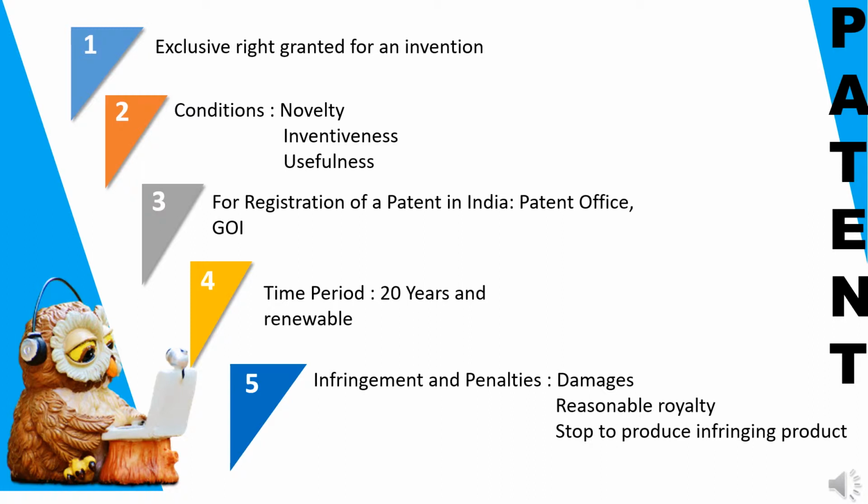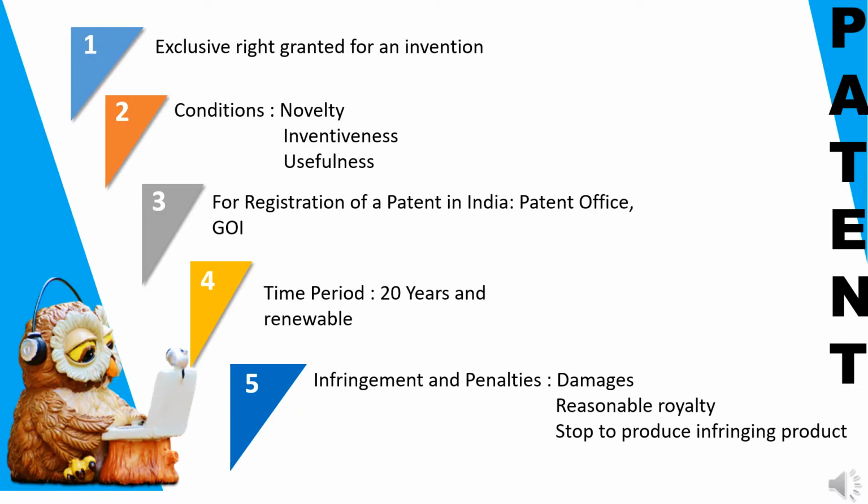The term for patent in India is valid for 20 years, and granted patent remains active in the register maintained by the Indian Patent Office only by paying the renewal fees from time to time. Patent infringement occurs when another party makes, uses, or sells a patented item without the permission of the patent holder.